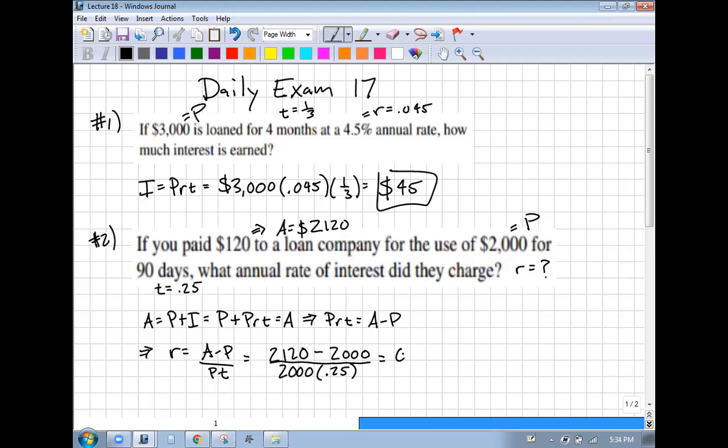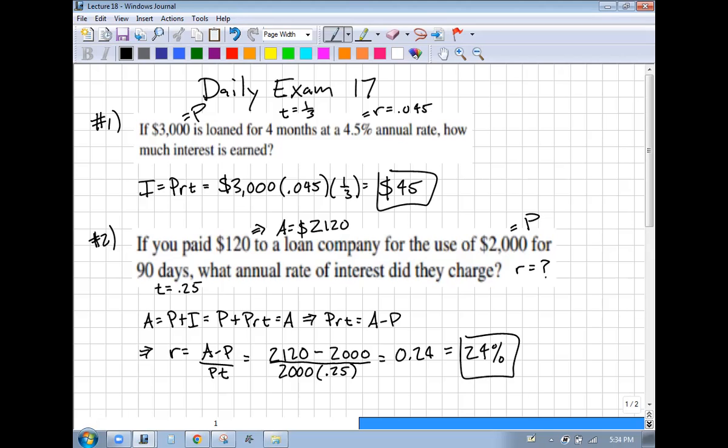We get 0.24 exactly, which is exactly 24%. If you're getting anything other than exactly 24%, you're doing something wrong. So this one's fairly simple. It's simple interest, and the word problem is simple.